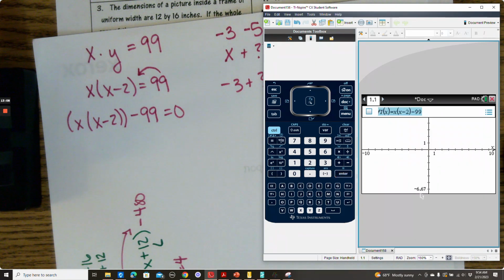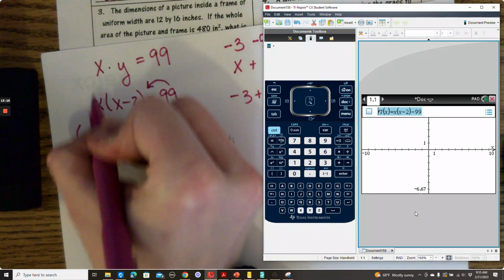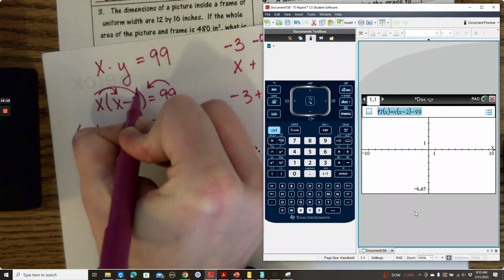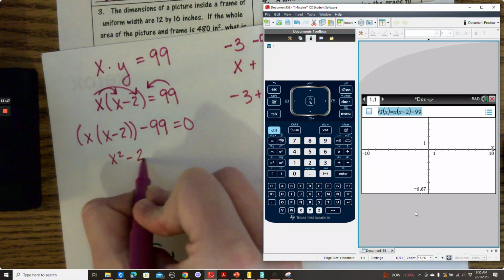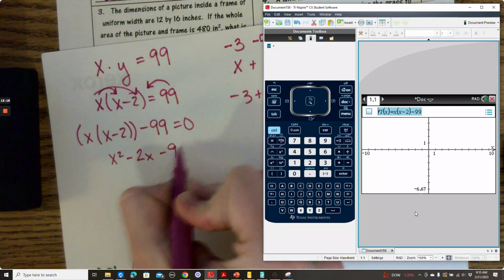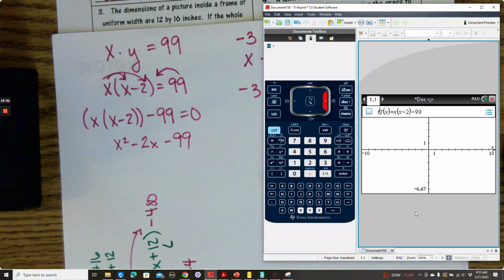So it's not going to take that one, which means I have to work it out. So I have to distribute this x. So x times x is x squared. X times -2 is -2x. And then minus 99. There's my quadratic. X squared minus 2x minus 99.